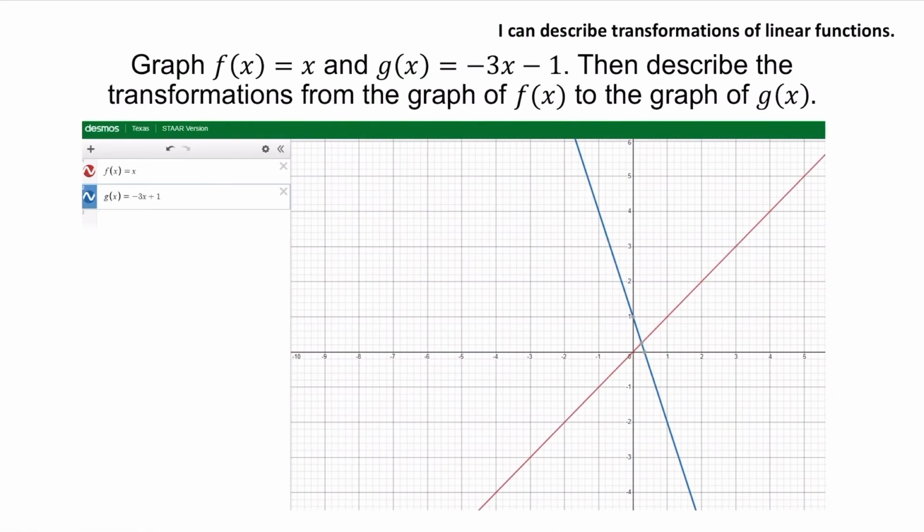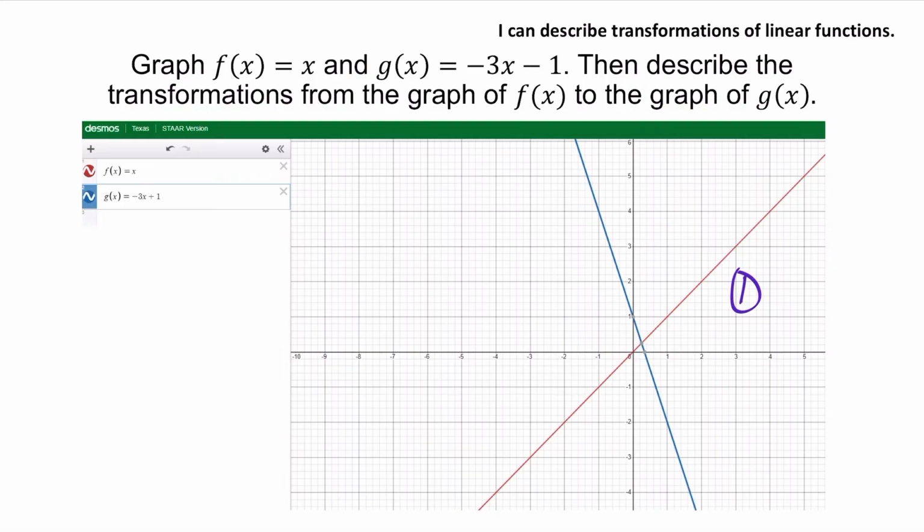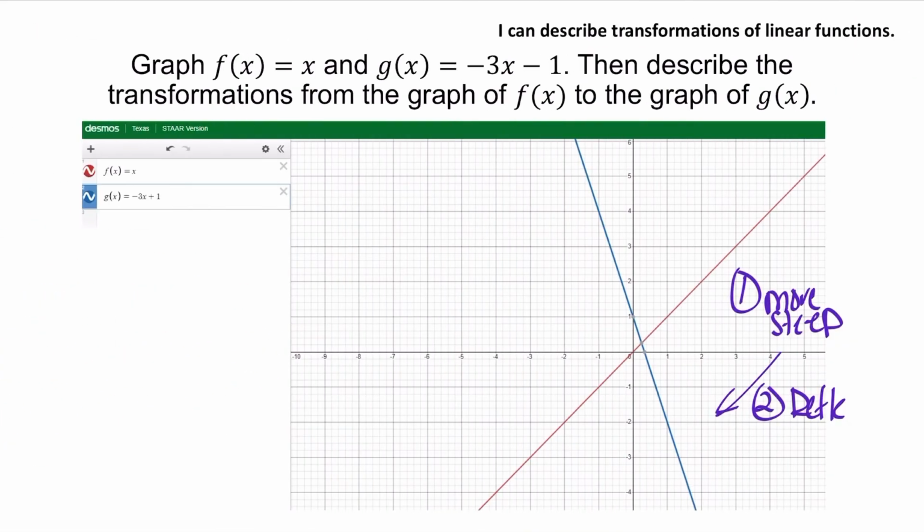If we graph both equations, we can see that's true. You can see f(x) is in red. The first thing that we said happens is that it's more steep, and we can see, in fact, the graph in blue is more steep. It's also reflected over the x-axis, which is the second thing we said would happen, which is true.